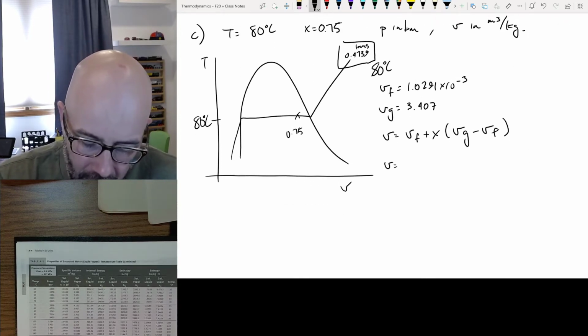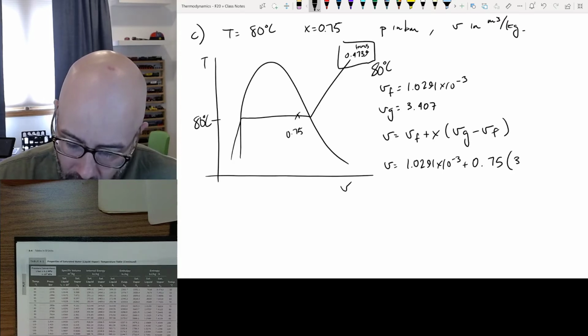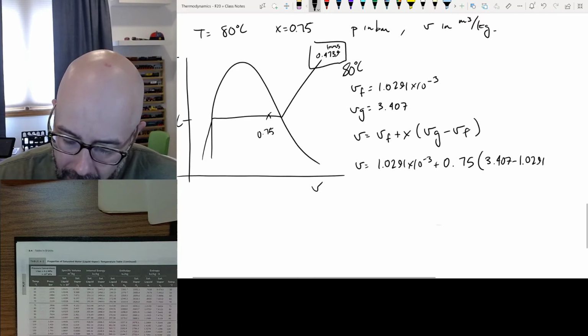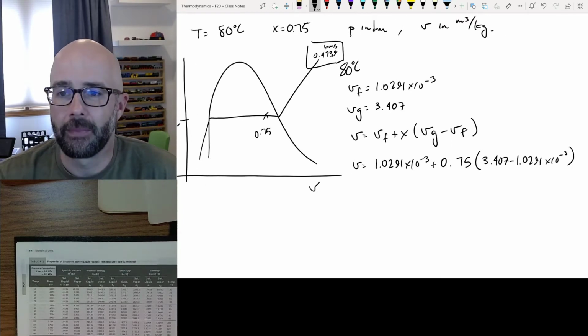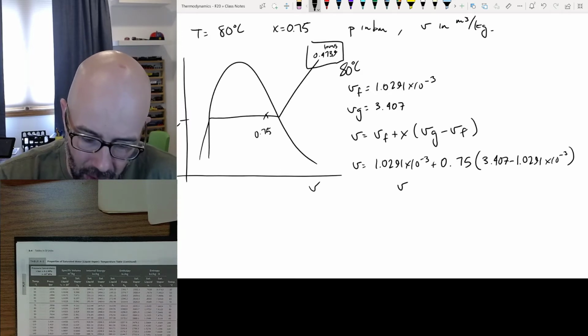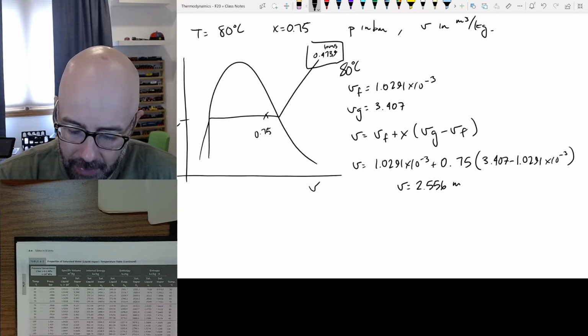So the specific volume is going to be 1.0291 times 10 to the minus third plus 0.75 times 3.407 minus 1.0291 times 10 to the minus third. This gives me that my specific volume is equal to 2.556 meters cubed per kilogram.